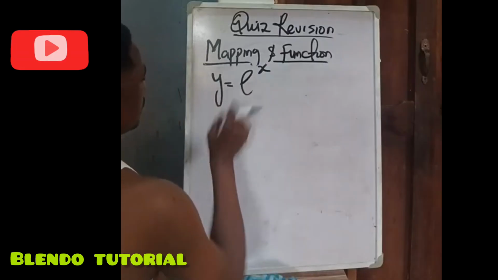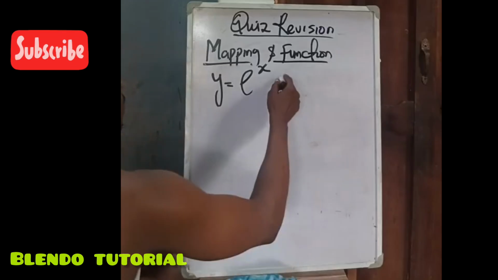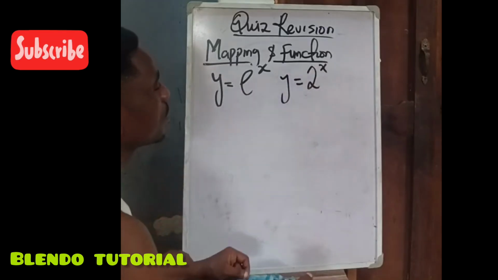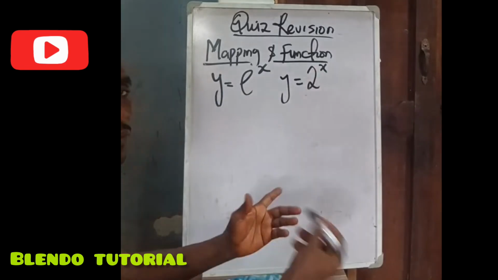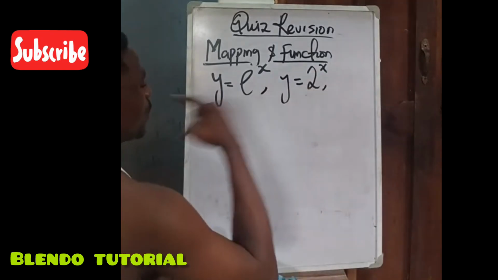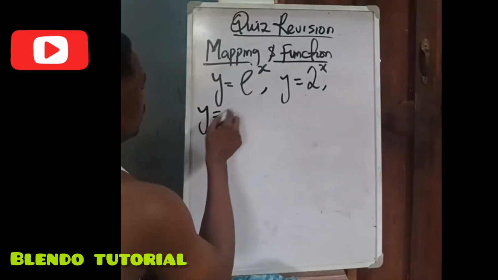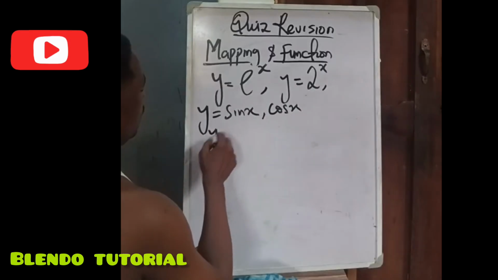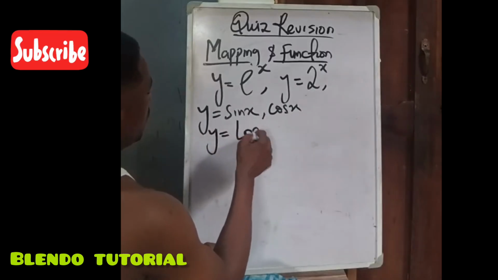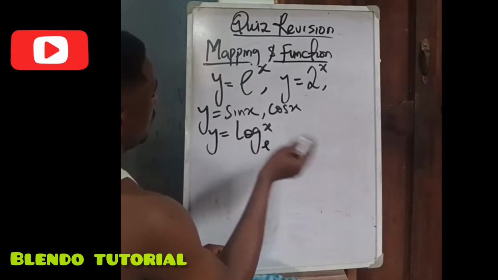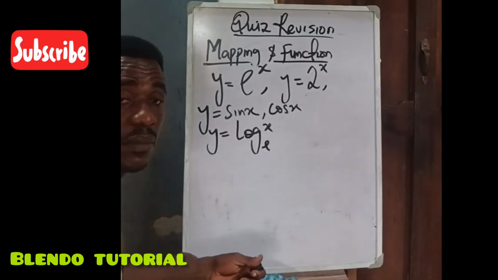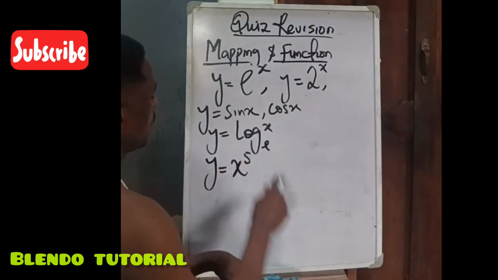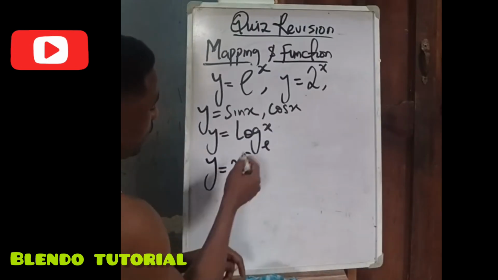This is a function. We have y, and this type of function is an exponential function. We have different types of function. We have the exponential function. We have the trigonometric function, sine or cos. We have the logarithmic function, log of x, either e or n. We have the power function, y equal to x raised to the power 5.